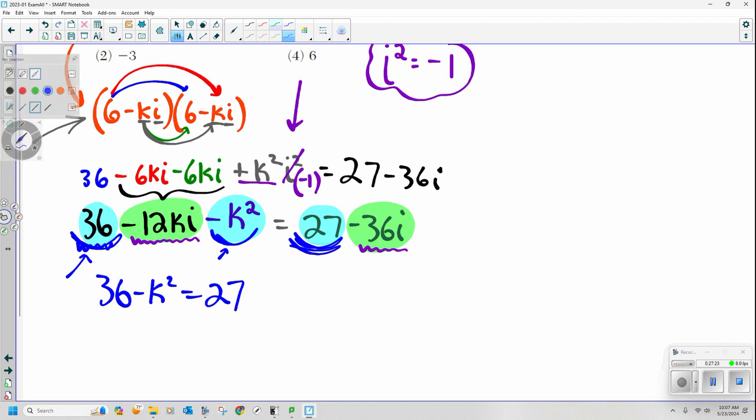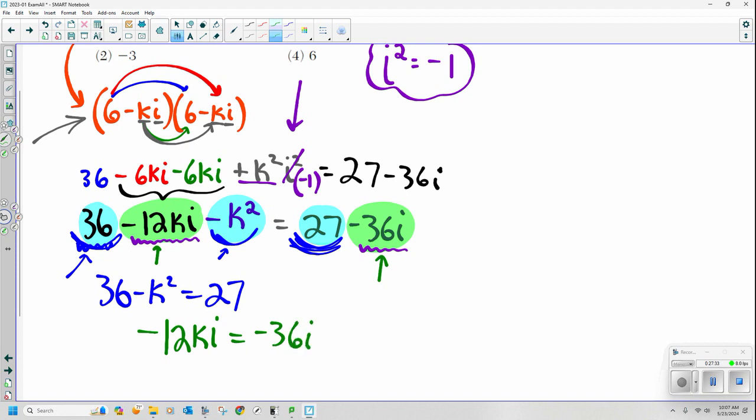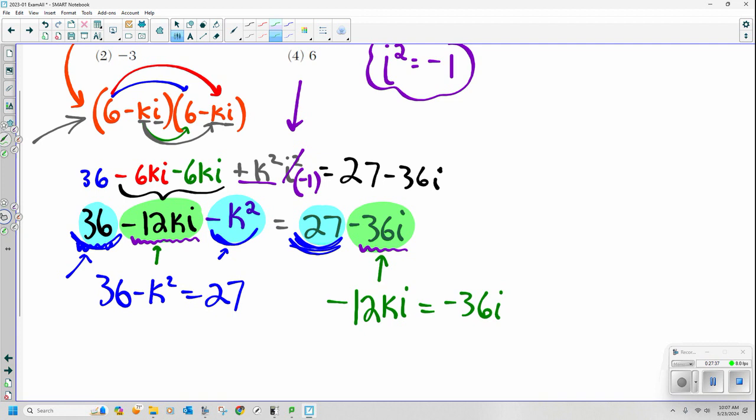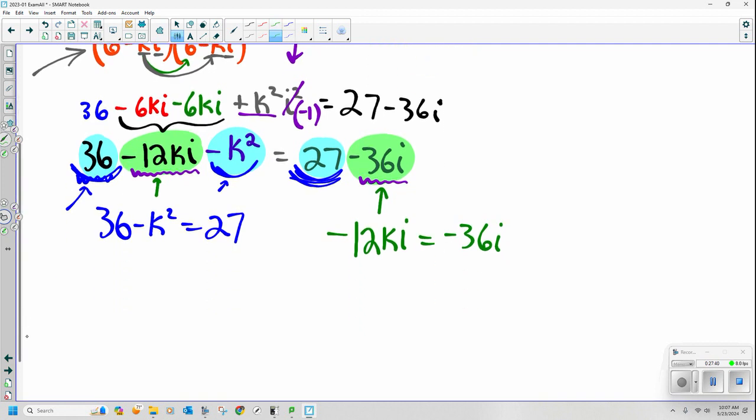Or, if I wanted to, I could take my negative 12ki and set it equal to negative 36i. I can use either one of these to solve for k, and I'll get the same answer.